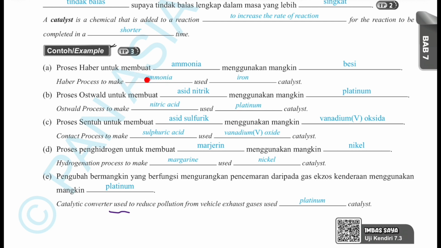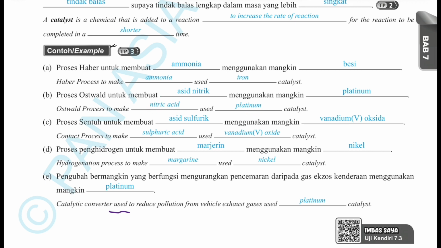In this Haber process, we use iron as a catalyst. Dalam proses Haber ni, kita gunakan untuk hasilkan amonia sebenarnya, untuk buat amonia. Jadi dalam proses untuk hasilkan amonia tu, kita akan gunakan iron sebagai catalyst. And then we have Oswald process to make nitric acid. Okay, Oswald process use platinum as catalyst.